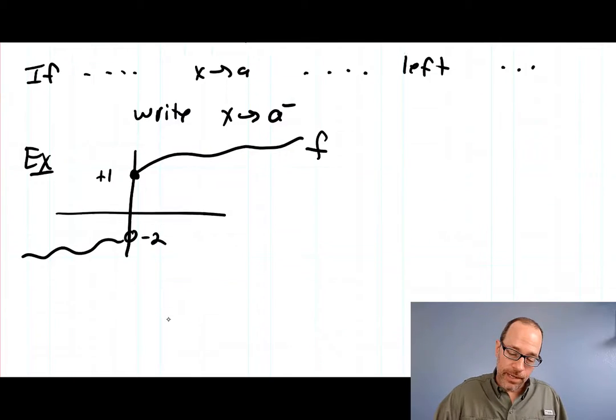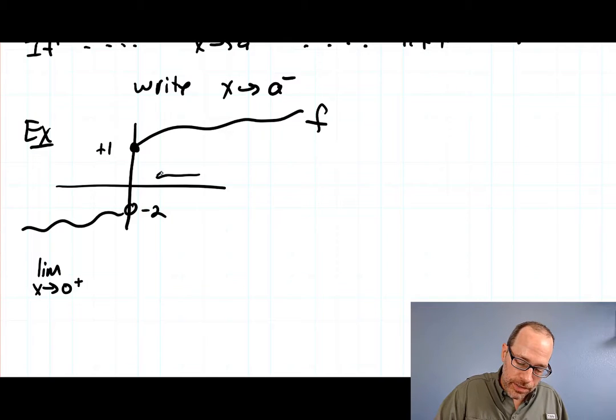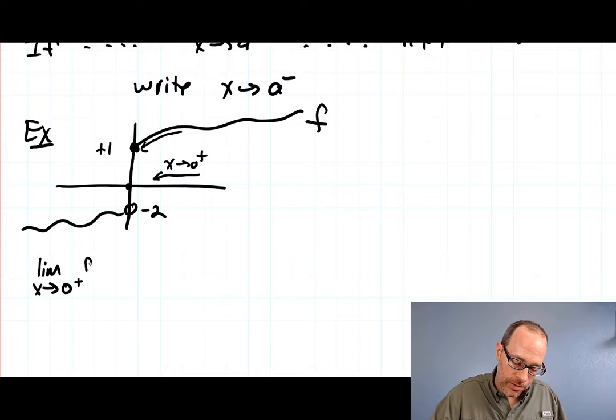Then you could ask about some one-sided limits. You could ask, what is the limit as x goes to 0 from the right? Well, if you're going to 0 from the right, that means you're on the right side of 0 here. And when you plug x into f, you see that f of x is getting closer and closer to 1.